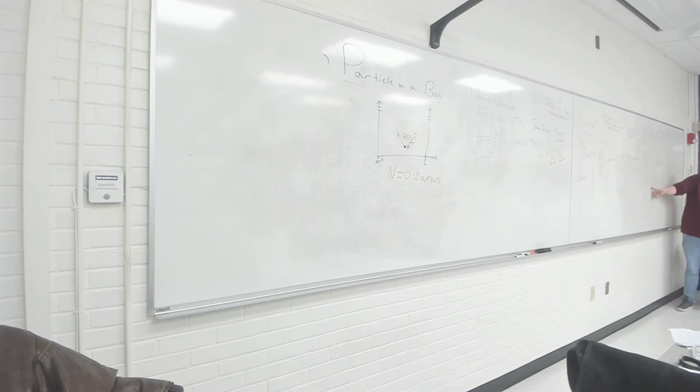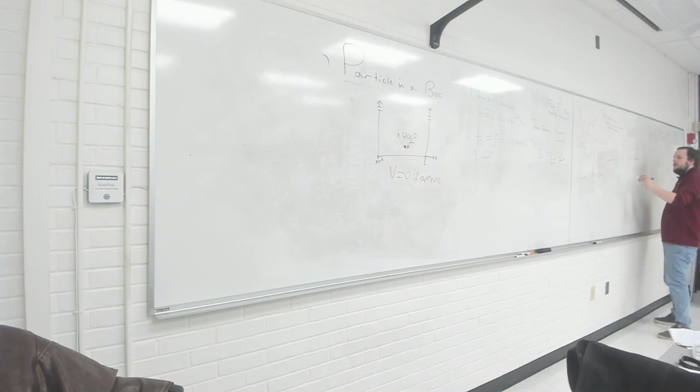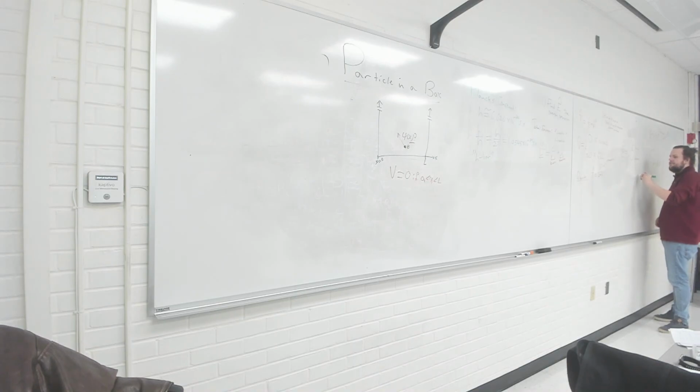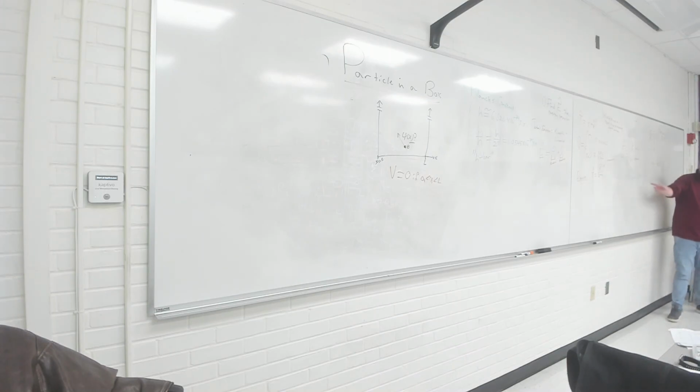So let's think for a second: what if we want to calculate the momentum of a particle? Here's our particle in a box. We're going to take its wave function. We don't know what it is yet, but we know that when we apply this, we're going to get a number back, which is the momentum in the x direction times the wave function. That's the rule.